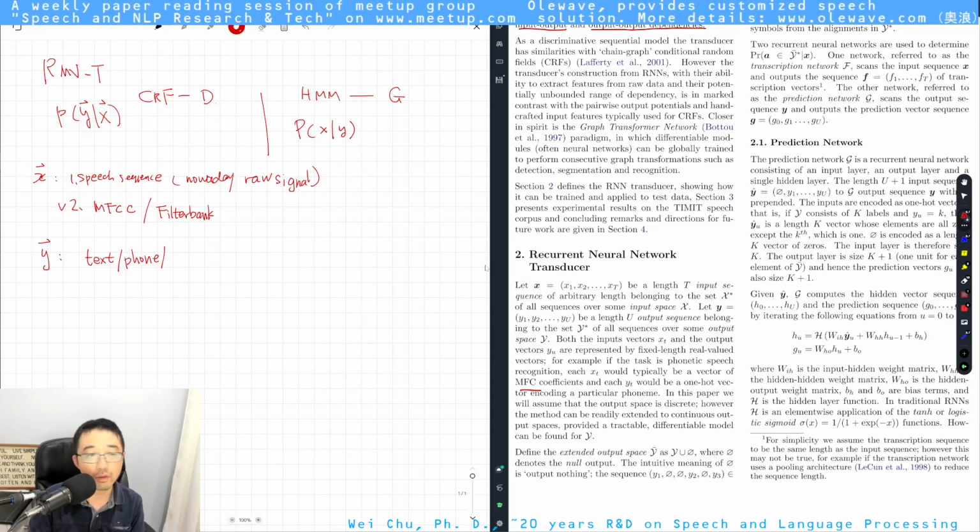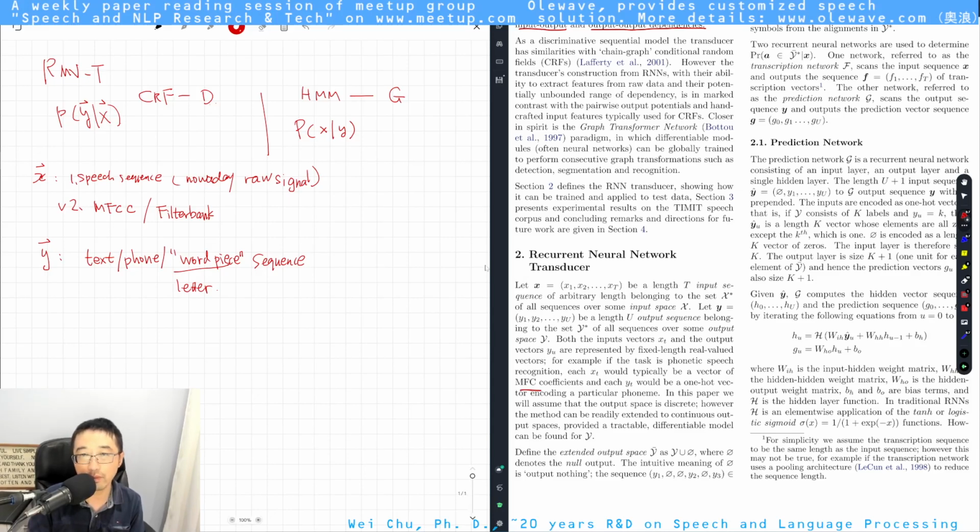Or nowadays, the most popular thing is the word piece sequence. Or some people use letters.